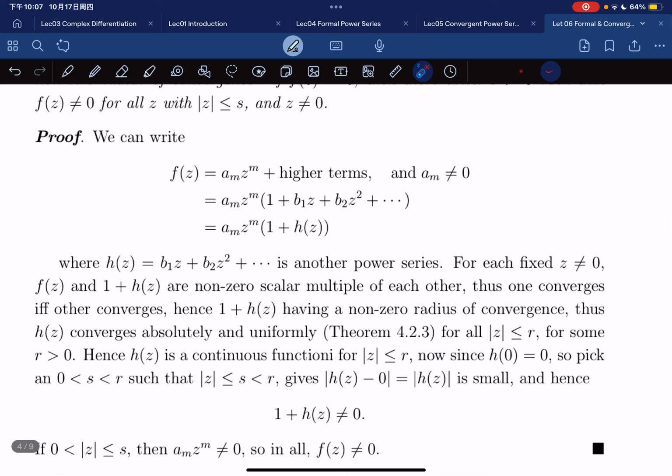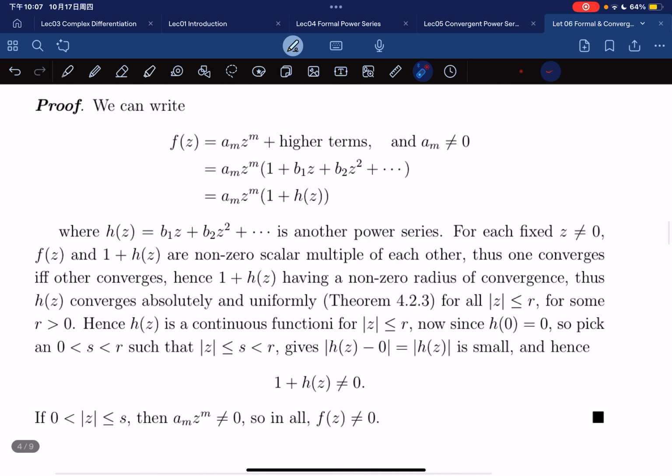Because it is uniform convergence, it is a continuous function for |z| less than or equal to r.